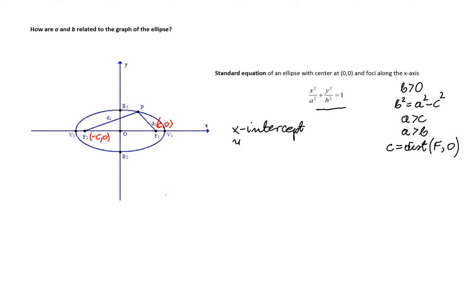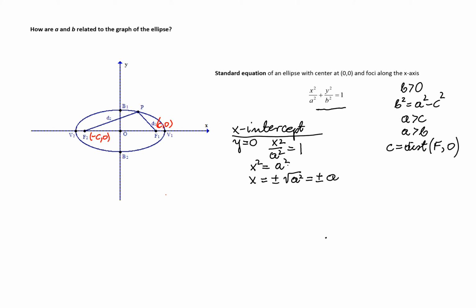So if we set y equals 0, the equation becomes x squared over a squared is equal to 1, which gives me a squared is equal to x squared, and this means that x is equal to plus or minus the square root of a squared, and since a is positive, that's going to be plus or minus a.